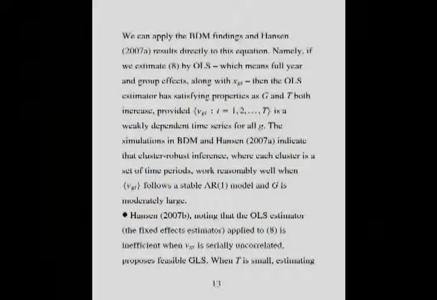Okay, so that's why in the simulations in the Bertrand et al. work, and then in Hansen's theory and simulations, they basically show that these robust cluster methods work pretty well, even if there's a fair amount of serial correlation in the error terms. But there can't be really strong serial correlation, or it breaks down.